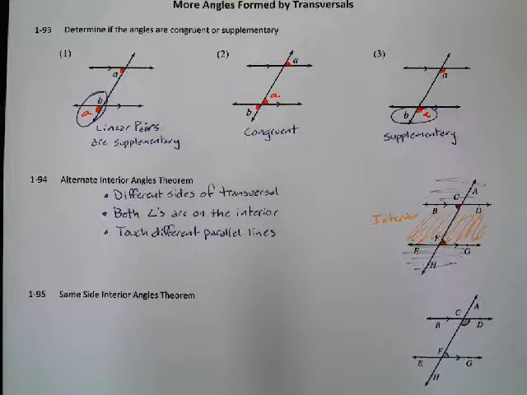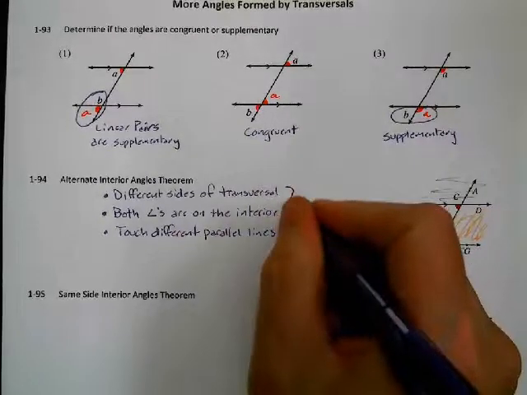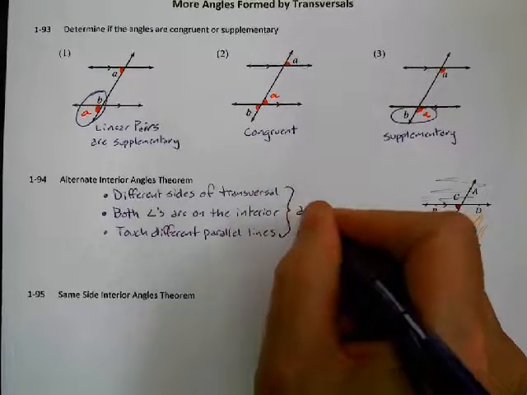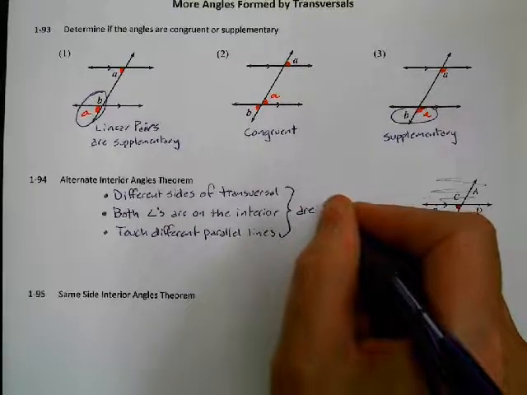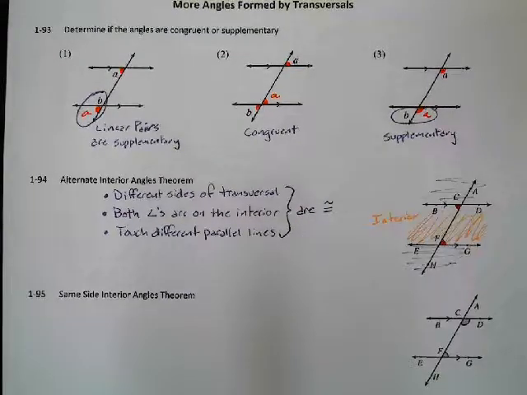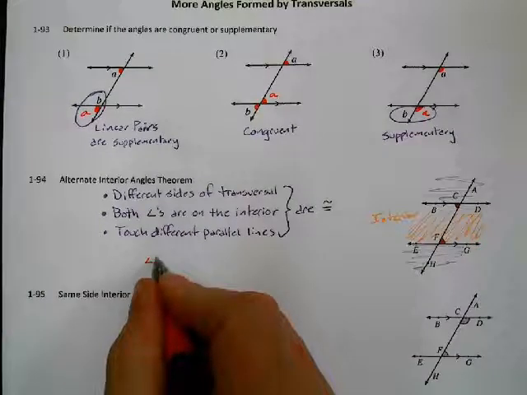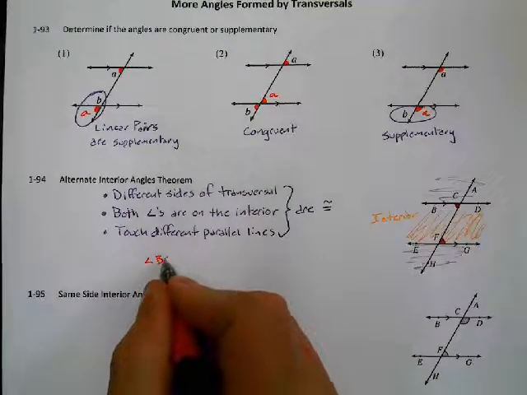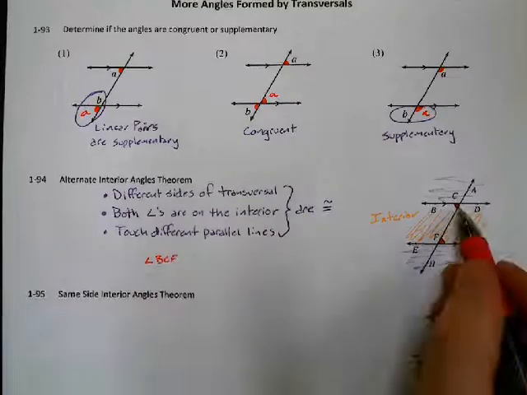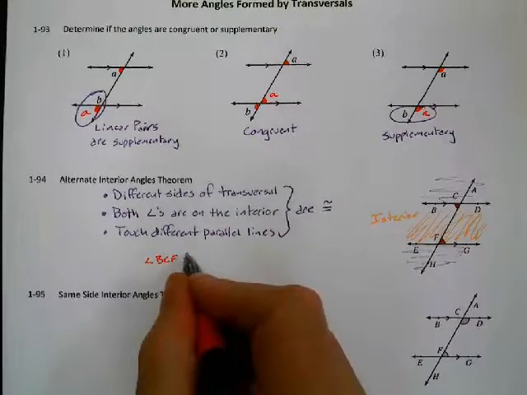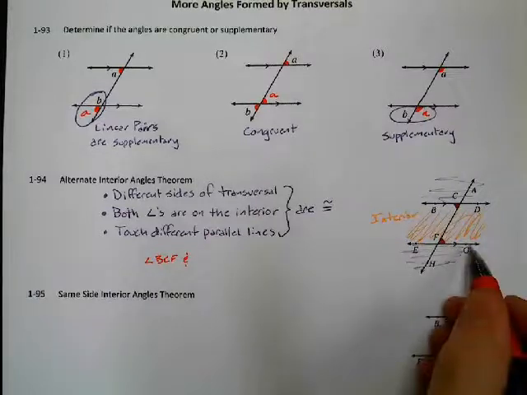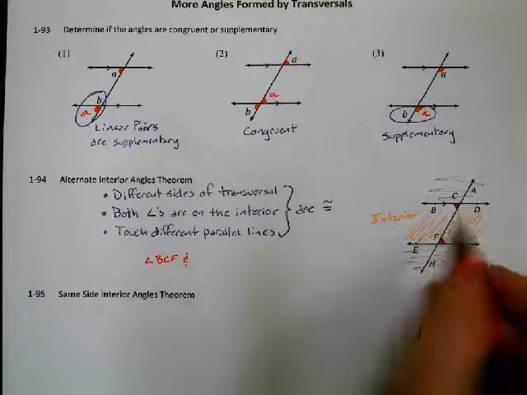What we need to remember is alternate interior angles are congruent. They have the same measurement. So these two angles, BCF, this top angle up here, and this angle down here, we'll call that GFC.